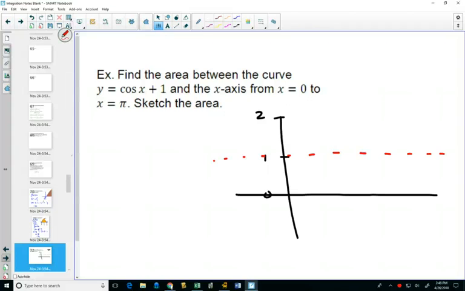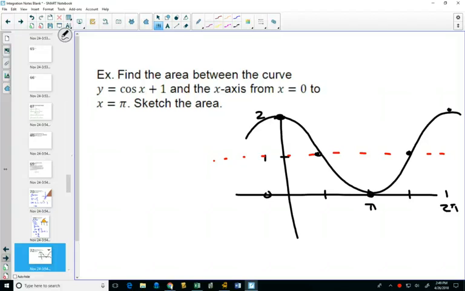We're only wanting to graph it between 0 and pi. Cos has a period of 2 pi. Cos starts at a maximum, then goes to your center line, then down to your minimum. There's the cos graph, and we're wanting to find the area between 0 and pi.